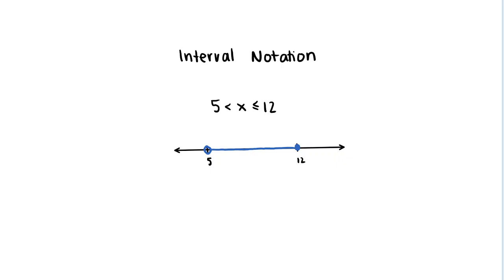So if you look at this inequality, you notice that all we need to know the interval we're talking about, to know the set of numbers we're talking about, is the lowest value, the lowest boundary to this set of numbers, 5, and the largest boundary to this set of numbers, 12.